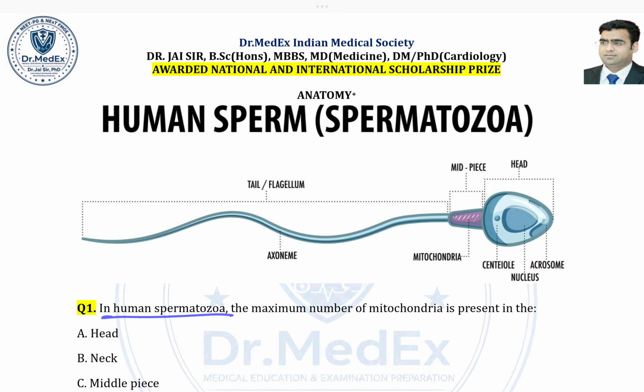By the end of this session, you will have a clear understanding of this fascinating cell and its role in human reproduction. So, let's begin our journey into the world of human spermatozoa.